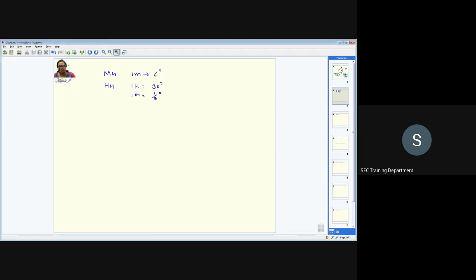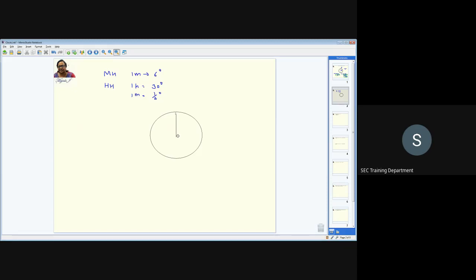The formula which you're going to use here is to find the angle between the minute hand and the hour hand at any time. So when you say at any time, let me consider again, this is the reference line.